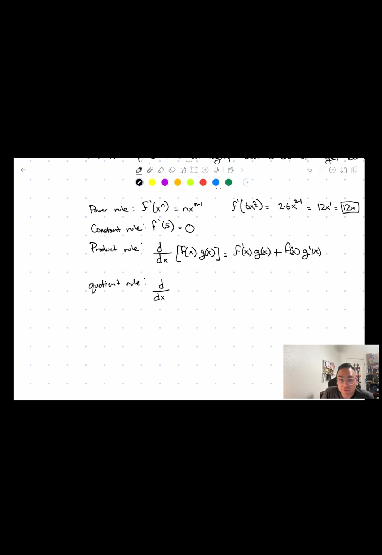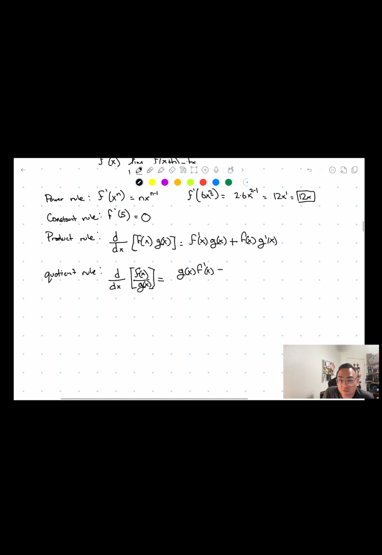So d over dx of, let's say, f of x over g of x is equal to g of x times f prime x minus f of x times g prime of x, all over g of x squared.